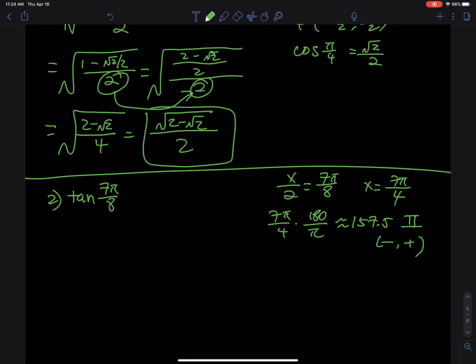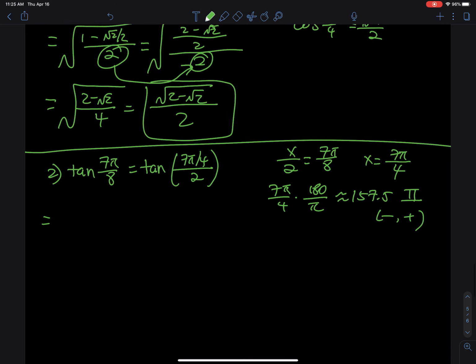For the tangent, we don't have to do that yet. So let's rewrite it as a half angle. We have tangent of 7 pi over 4 divided by 2. Okay, so look at your formula. Should we use the plus or minus? The answer is we have to use the minus.